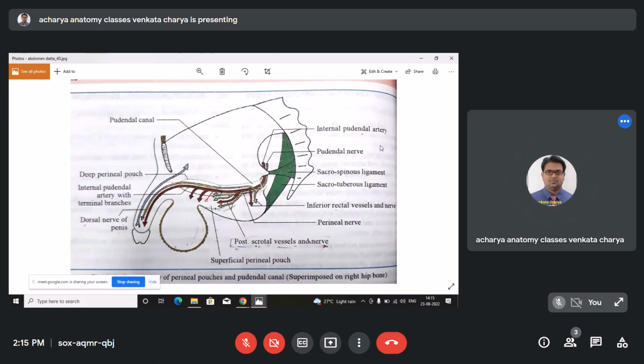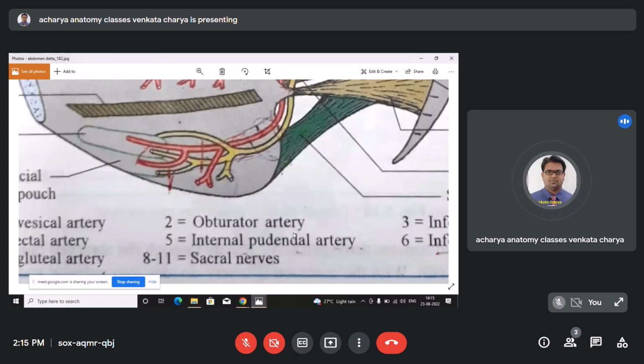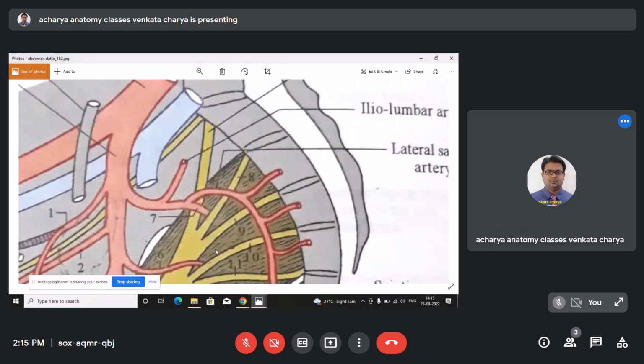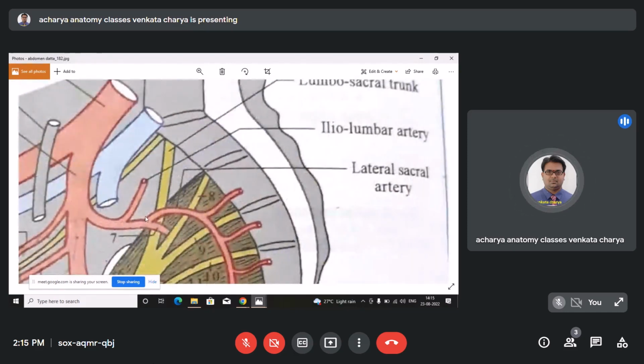Next, come to the posterior division. The posterior division of the internal iliac artery gives number 1, the iliolumbar artery, which supplies the ilium and lumbar region.